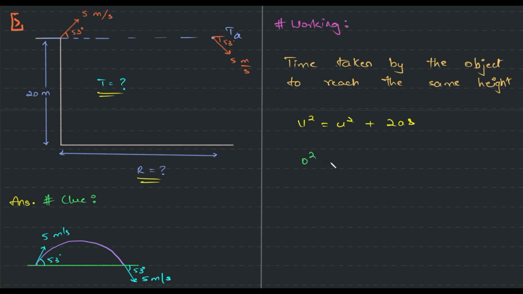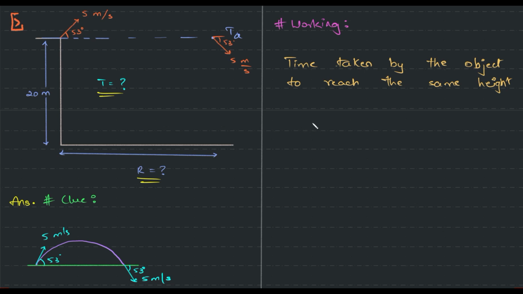You have v to be 0 and u square will be v naught y, that will be sine of 53 the whole square plus, or in this case minus 2 into 10 into, okay, we are not finding the maximum height, sorry, we are making use of time. See, this is how you think. It's okay to make mistake. So I'm very clear now what to do.